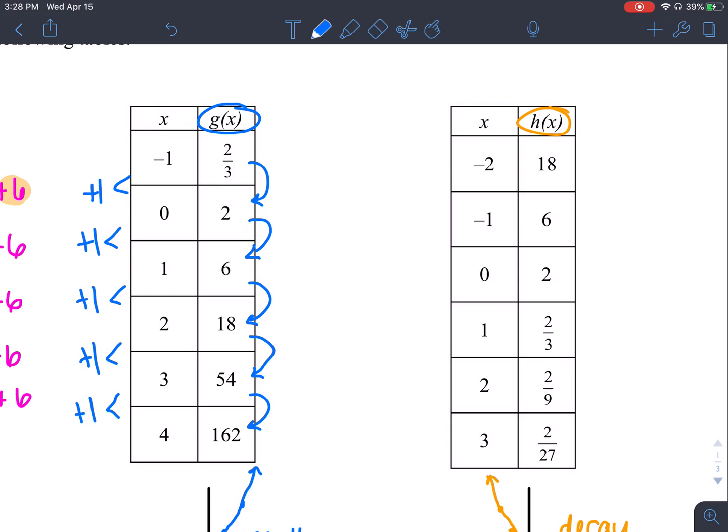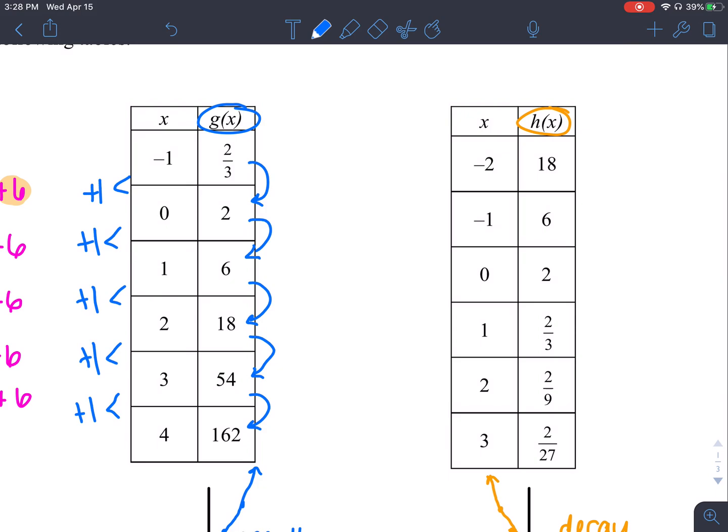And then what I'm trying to find is, is there a number that if I multiply 2/3 by it, I get 2, 2 by that number, I get 6, 6 times that number is 18, 18 times that number is 54, and then 54 times that number is 162.